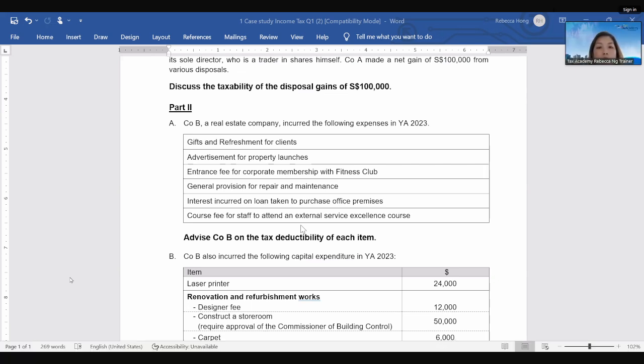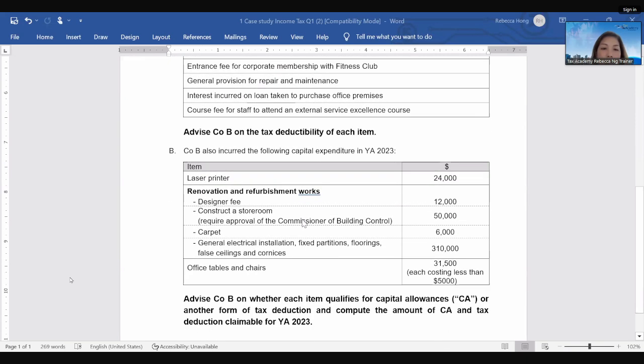So we always look at the general deduction formula, whether it allows for such deduction. Then later we look at whether it is disallowed under section 15.